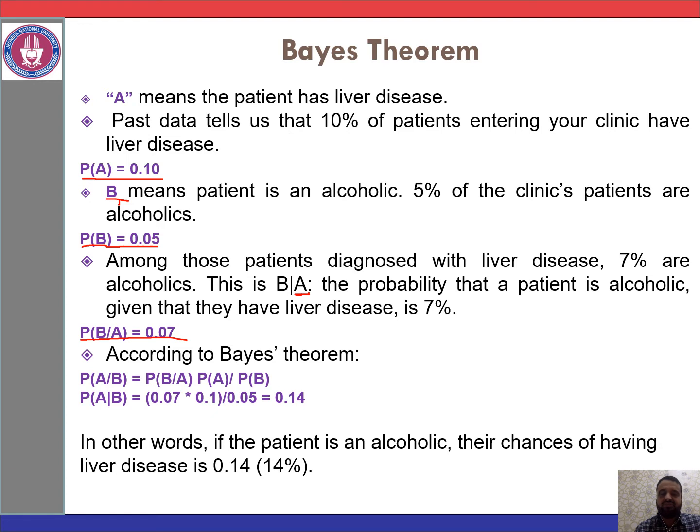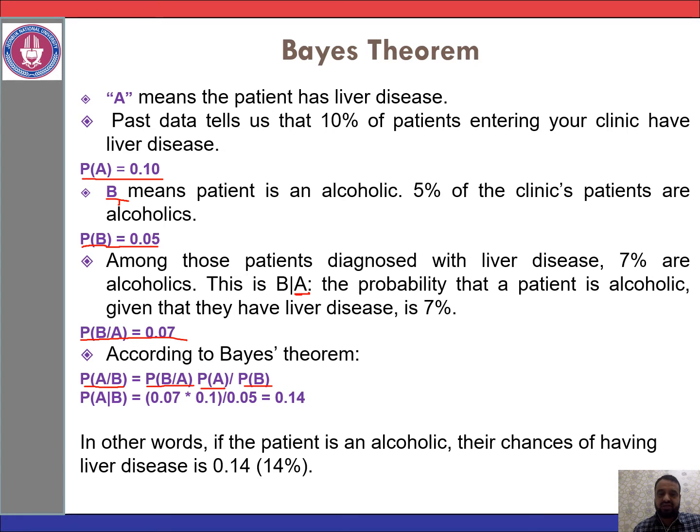Now, according to the Bayes theorem, which is given by the following formula, probability of A given B is equal to probability of B given A multiplied by probability of A divided by probability of B. Probability of B given A is 0.07, probability of A is 0.1, and probability of B is equal to 0.05.